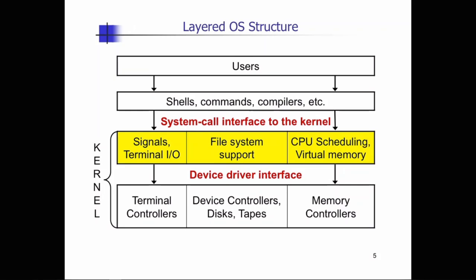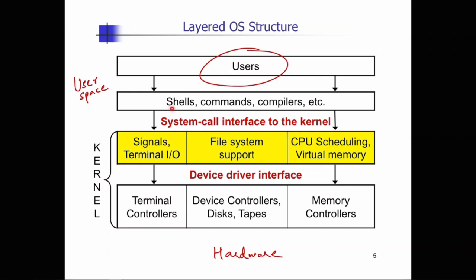In this particular diagram, we have users way at the top, which are part of the user space, and all the way at the bottom we have the hardware, and in the middle users will use shells in which they write commands, and we use compilers to be able to go down this list and access the resources of the hardware.